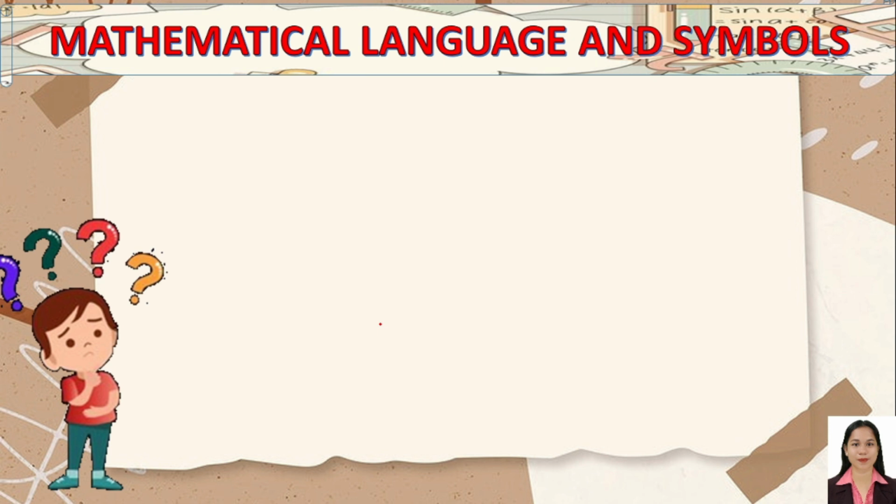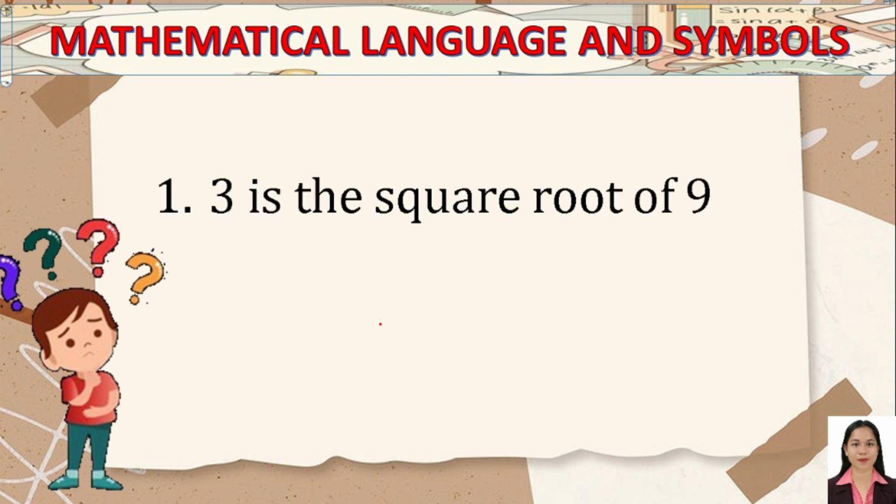Its equivalent in mathematics is equals. Say for instance, we have 3 is the square root of 9. So is here is the verb, and we have 3 the number. If you translate that into a mathematical equation, we have 3 equals the square root of 9.